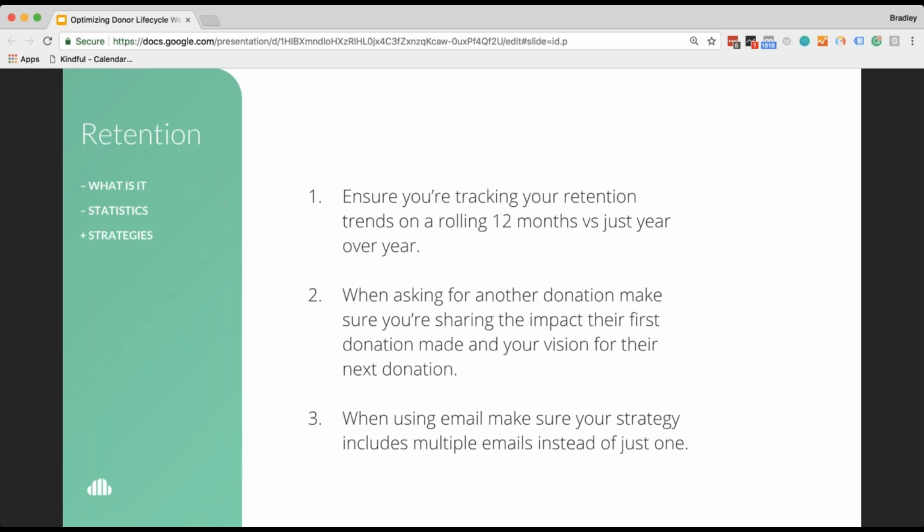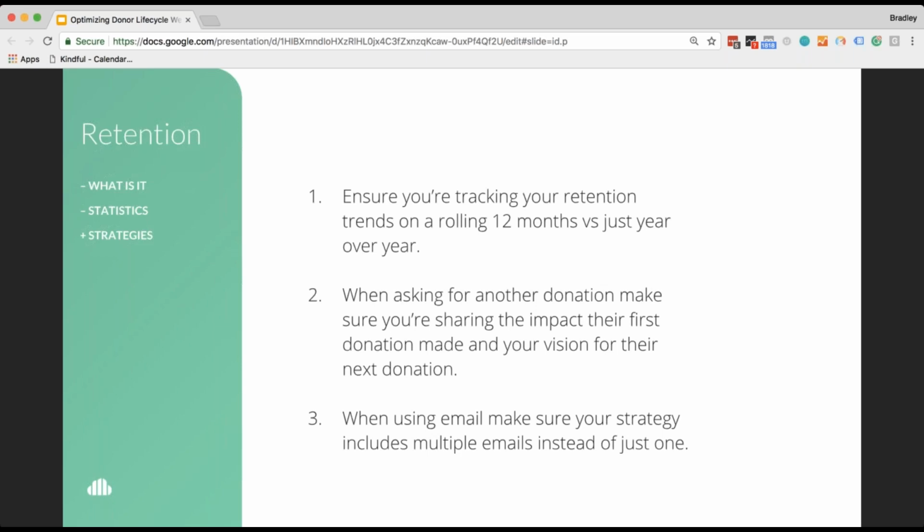And that is number 2, making sure you're sharing that information when you're asking for another donation. Helping them understand the impact their donation made is incredibly important in retaining donors, so that they understand where their money is going to work and how it's affecting the population you serve.